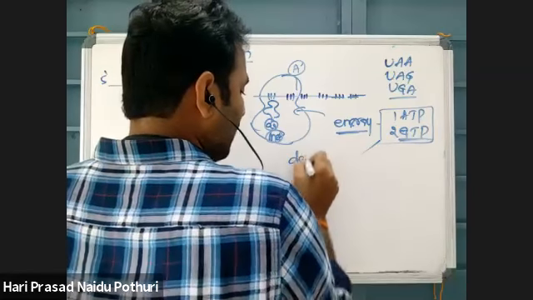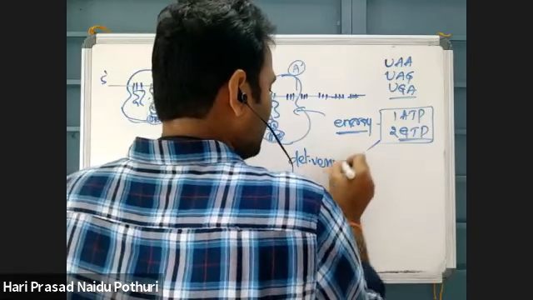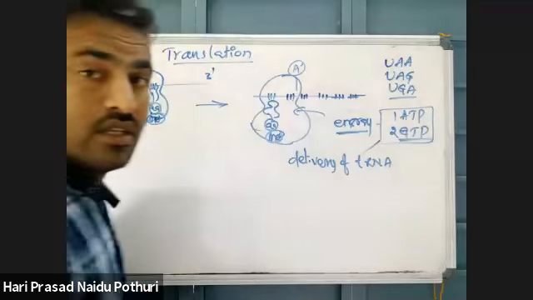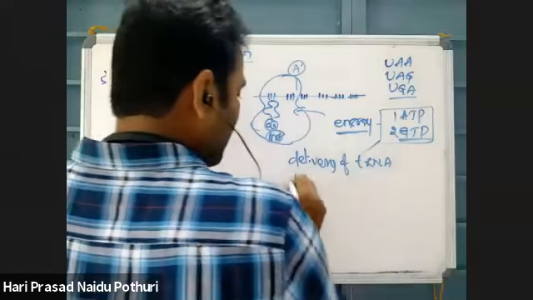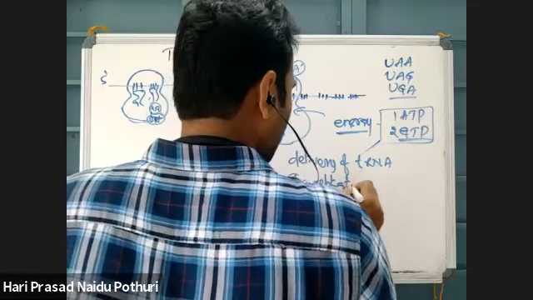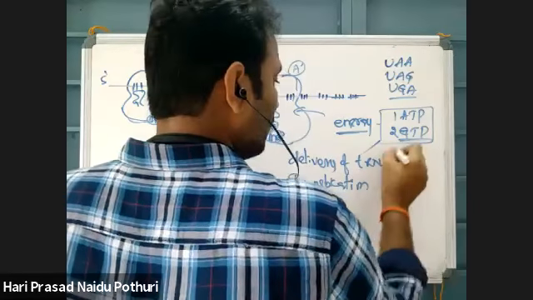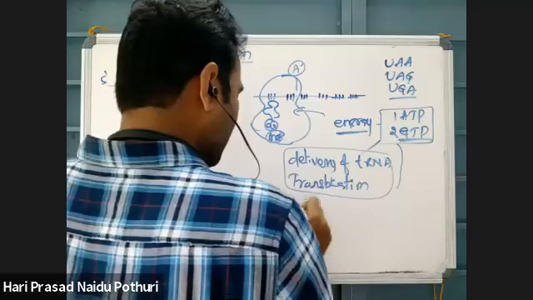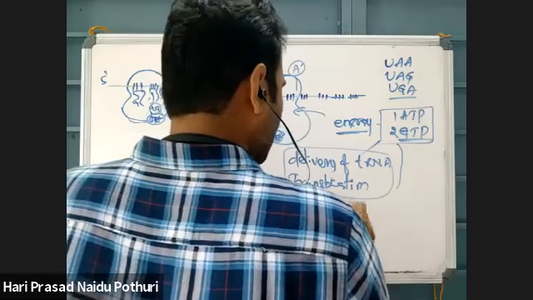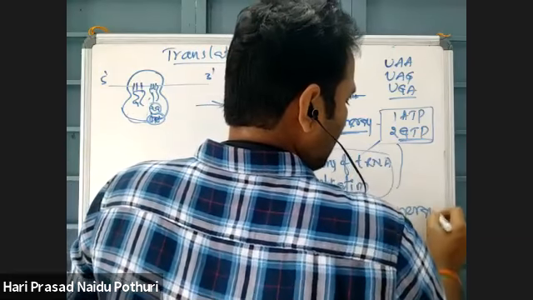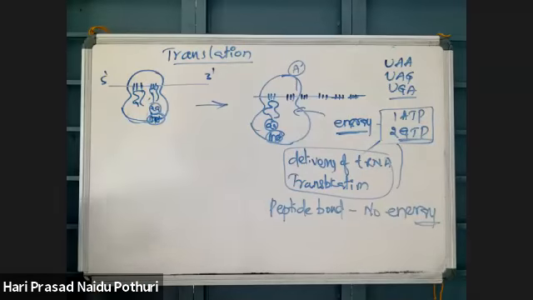One is delivery of charged tRNA, and the other is translocation. Whereas the reaction where the peptide bond is formed does not use any energy.